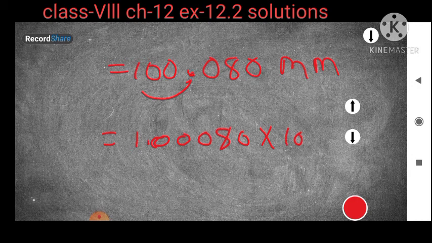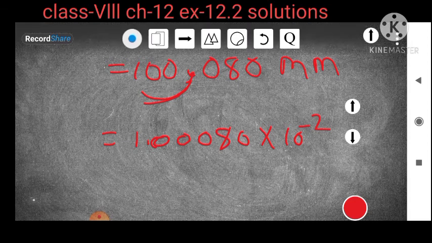Now this point is shifting from right to left, so you will write plus 2. So the answer will be 1.0008, or this 0 can be skipped also.